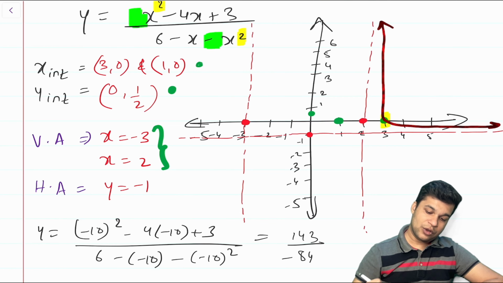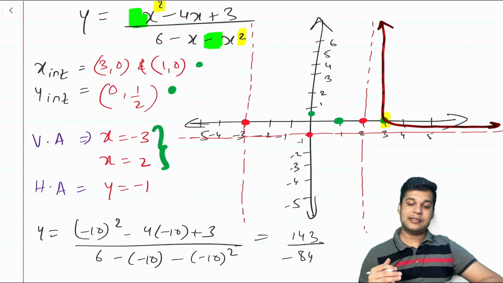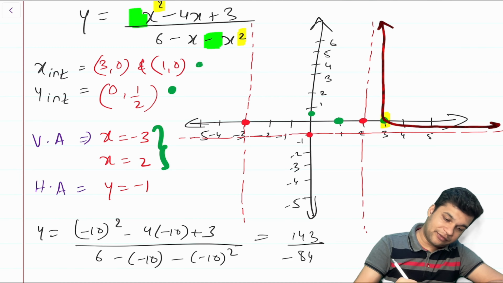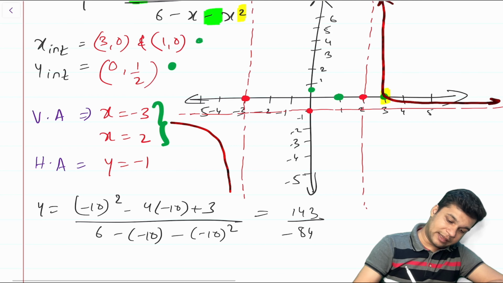Negative 84. So this is lesser than -2. It will be negative 1 point something something. So the graph will look something like this here.